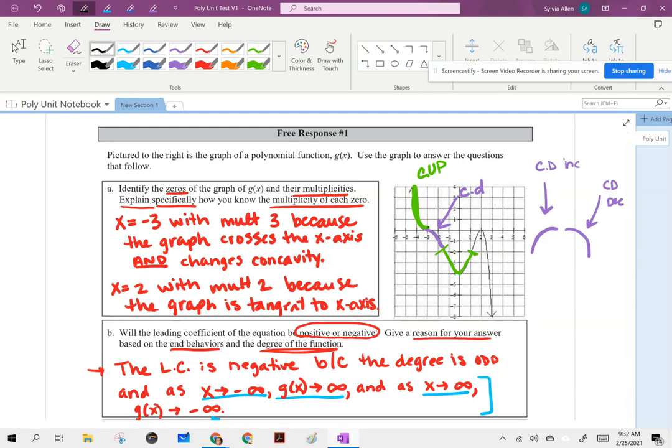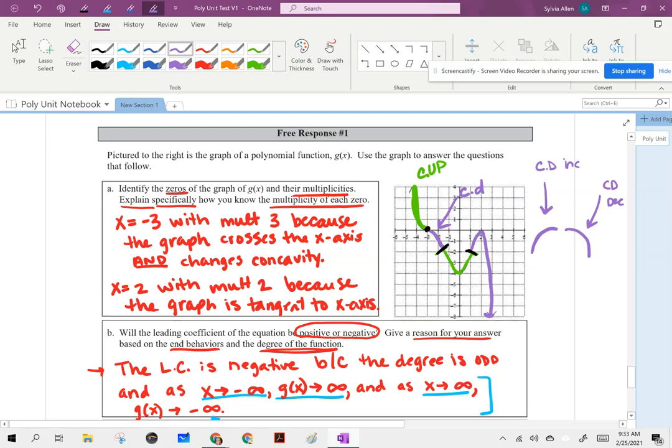So it's important to notice where your inflection points are: here, here, and here. That means we have to identify where there's a change in concavity. At each of those points where those black lines are, you're changing colors of concavity. The green represents concave up, and the purple represents concave down.